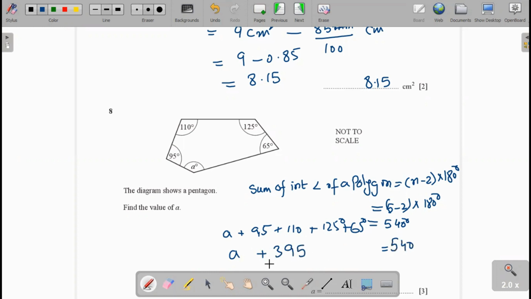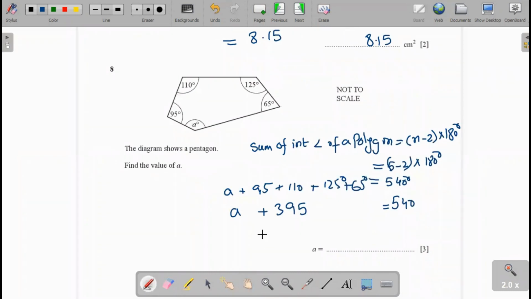Now A will be equal to 540 minus 395. We subtract this value and we get the answer.